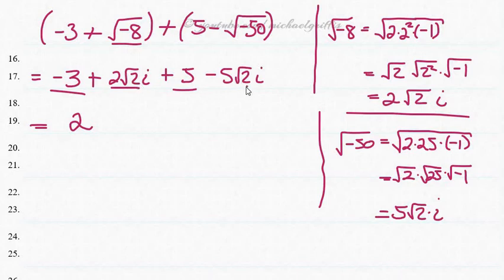Because of this radical right here, square root of 2 I should say, are like terms. So we have 2 minus 5 is going to be -3 square roots of 2i. Okay, that's a 2 under there, by the way. All right, -3. So there you go. That's been simplified down. Let's move along.